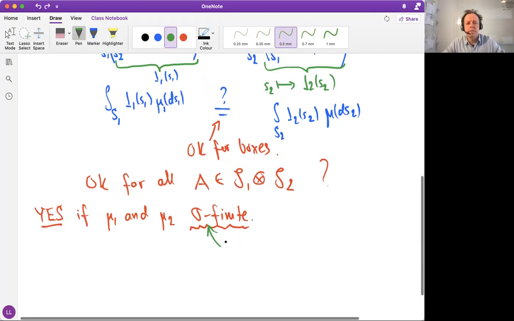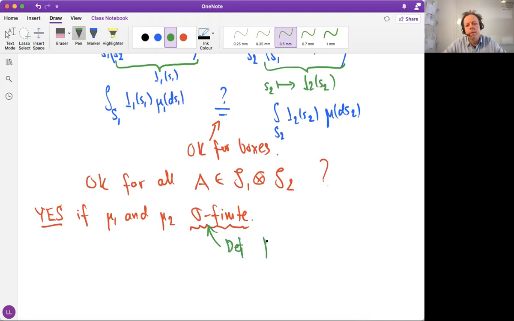Let's do a definition. Mu is sigma finite. Well, if mu is a finite measure, then it's sigma finite as well.